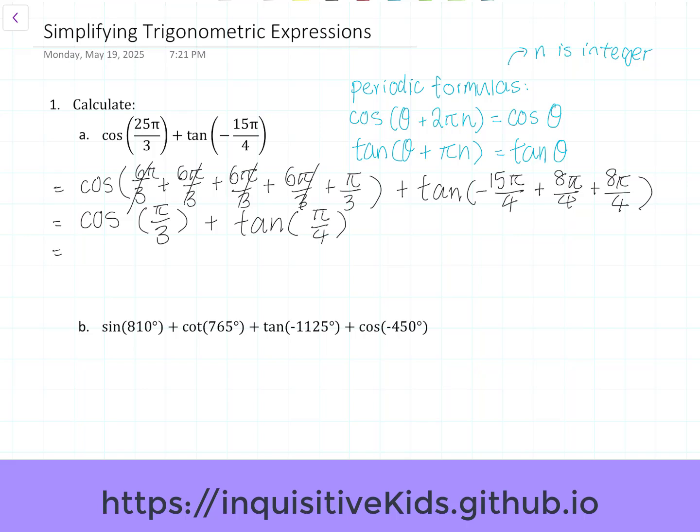Both of these we can use a unit circle reference to help us out. Cosine of pi over 3 is 1/2. And the tangent at pi over 4, which is 45 degrees, is equal to 1. So in the end, this expression simplifies to 3/2, and that is our answer.